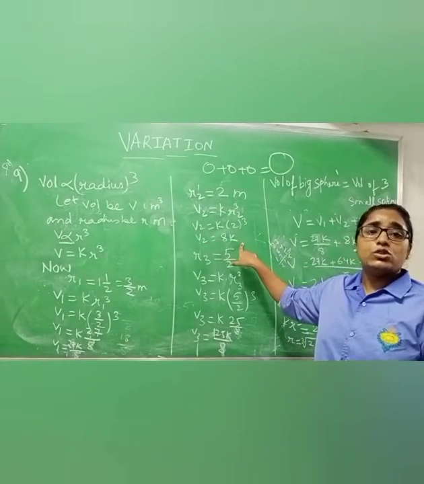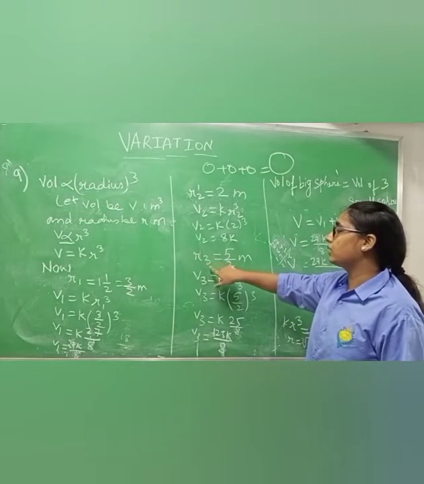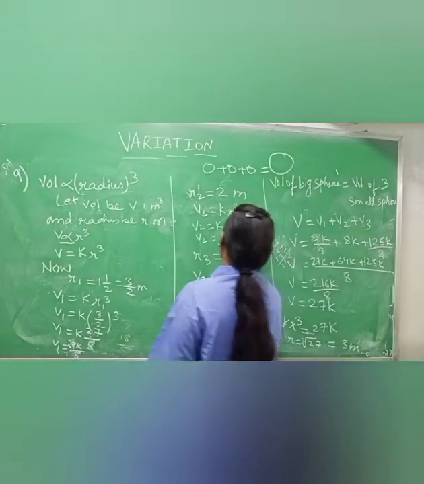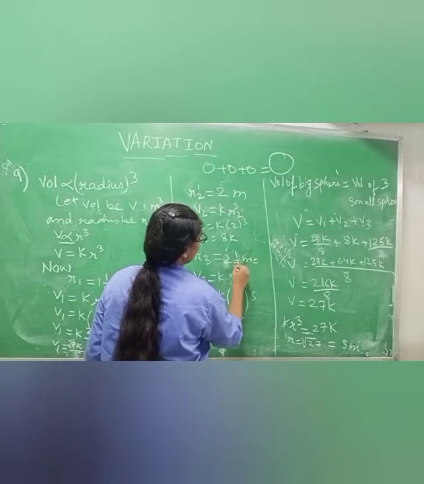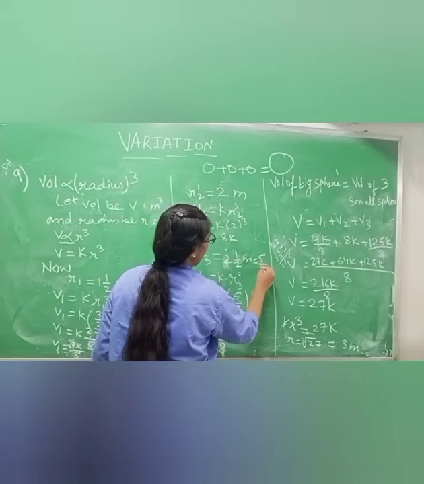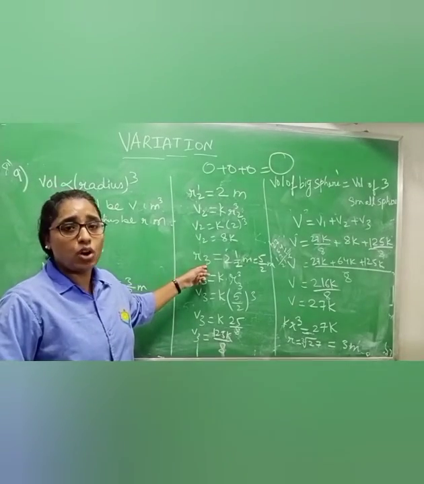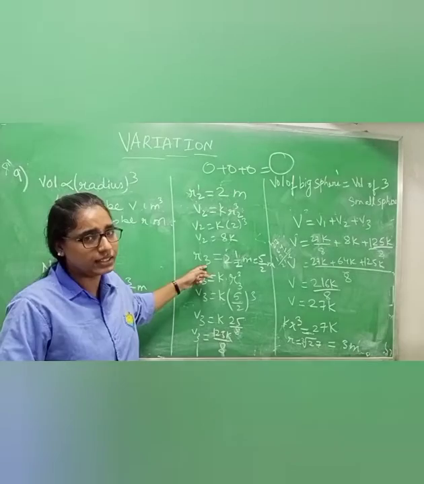Now the radius of the third small sphere. The radius of the third small sphere is given, r3 equals 2 1 by 2 meter. So I am changing this to 2 twos are 4, 4 plus 1, 5 by 2 meter. If you are not understanding, please write it.